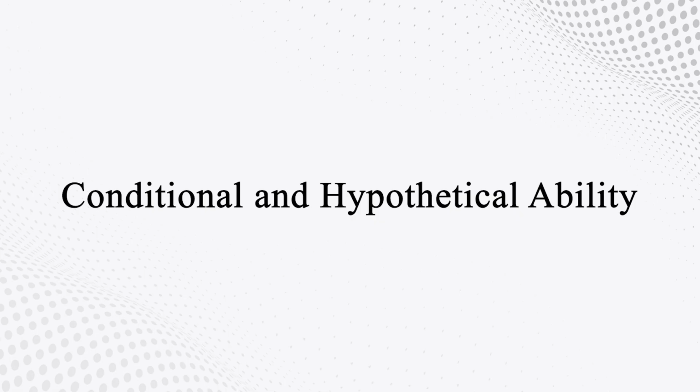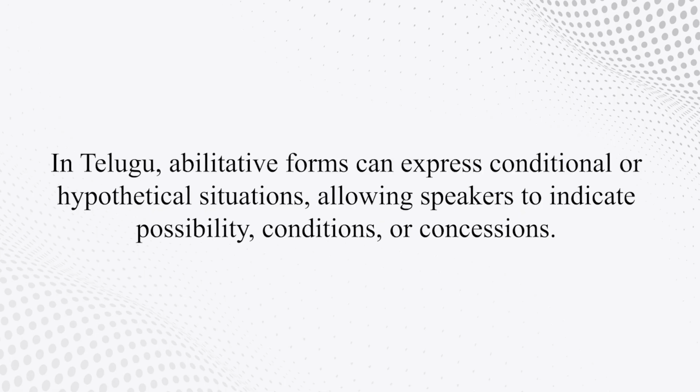Conditional and hypothetical ability. In Telugu, abilitative forms can express conditional or hypothetical situations, allowing speakers to indicate possibility, conditions, or concessions. These forms are created by adding specific conditional or relative suffixes to the abilitative base.